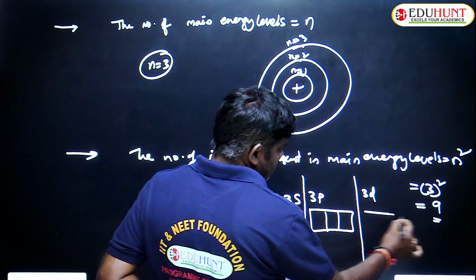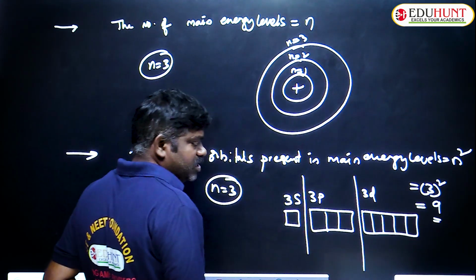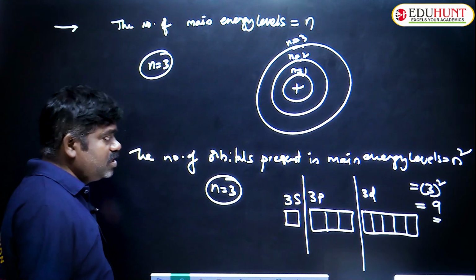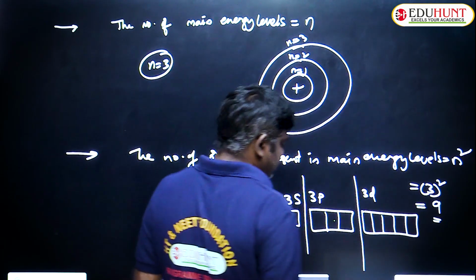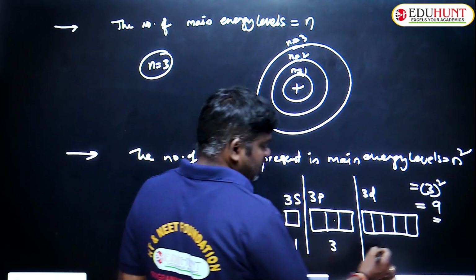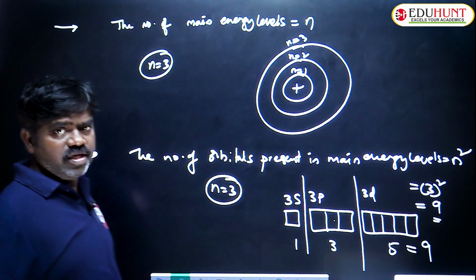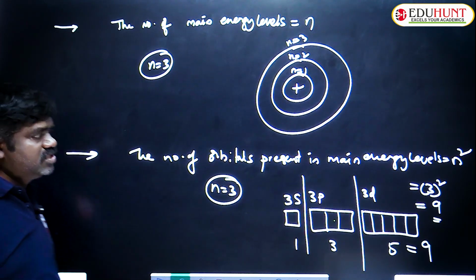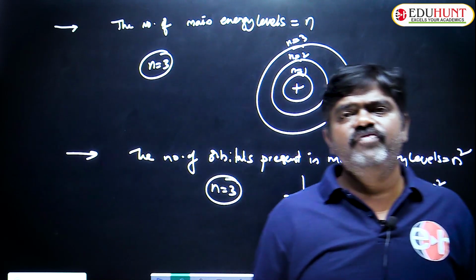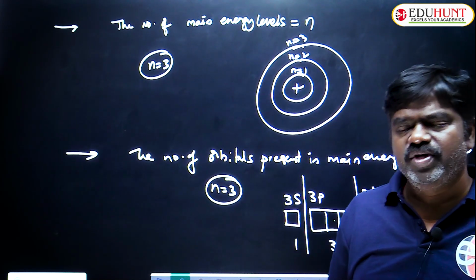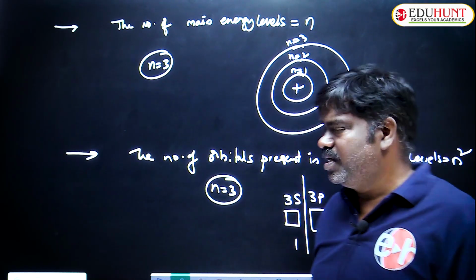And 3d contains 5 suborbitals. Here 1, here 3, here 5. Add, total 9. See here, based on the principal quantum number, we can explain the number of orbitals present in the main energy level.